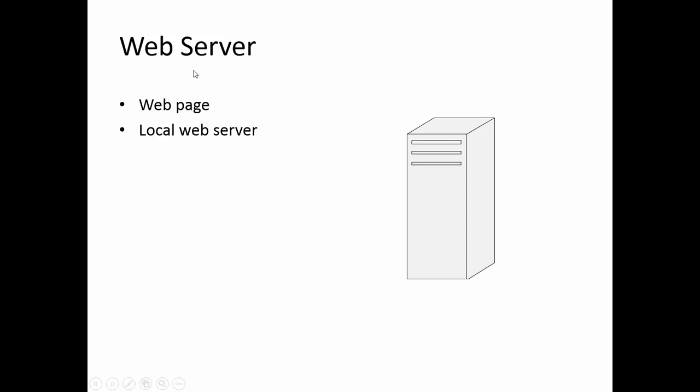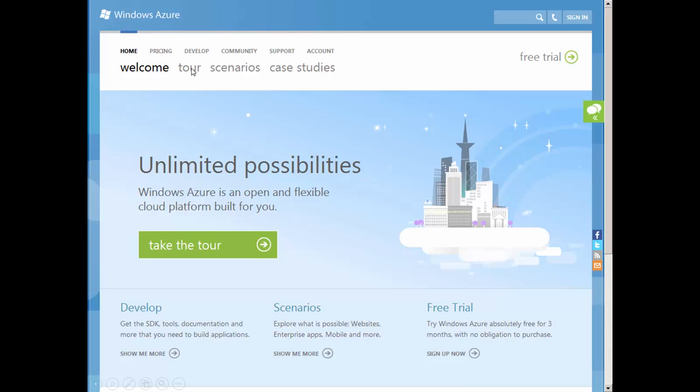If you had a web page, you could store it on your own web server, which is at your own individual location. But maybe you don't want to have a web server at your place of business. You don't want to have to make sure that it's always up and running and has proper cooling at all times. Well, what you can do is store your web page on a cloud server, and that's what Windows Azure is.